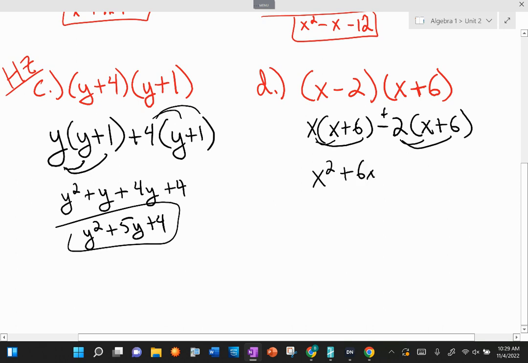Then you're going to do -2 times x, which is -2x. -2 times 6 is going to be -12. Then you combine like terms, and you get x squared plus 4x minus 12. Okay?